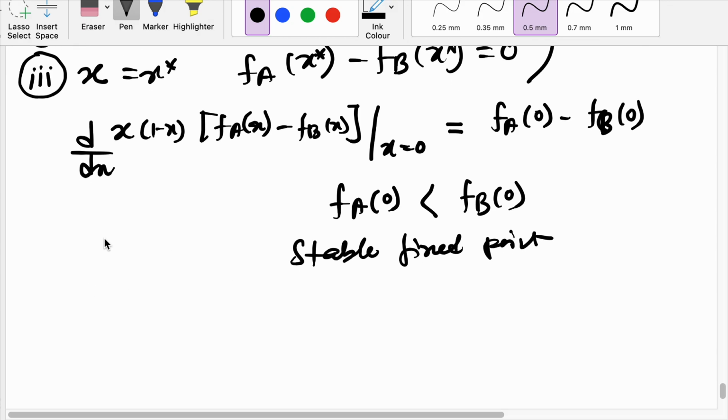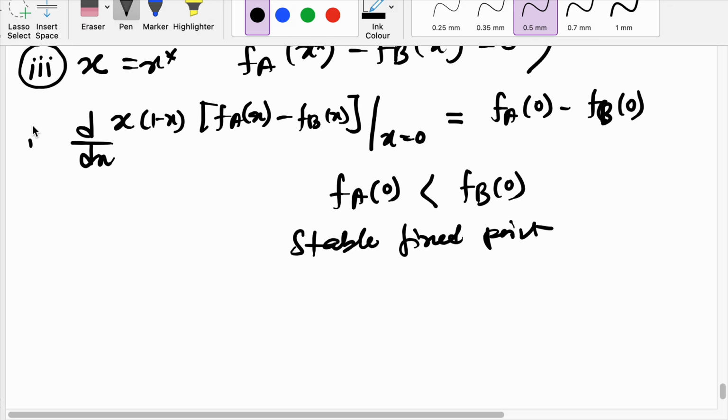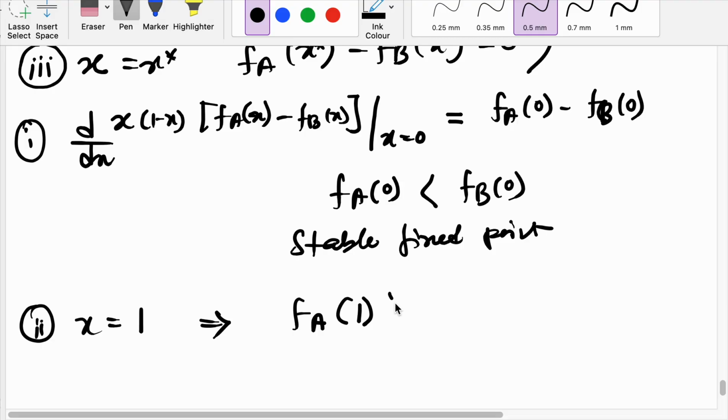And similarly, at x equal to 1, you will find the condition should be the other way around: if fA(1) is greater than fB(1), then x equal to 1 is stable.